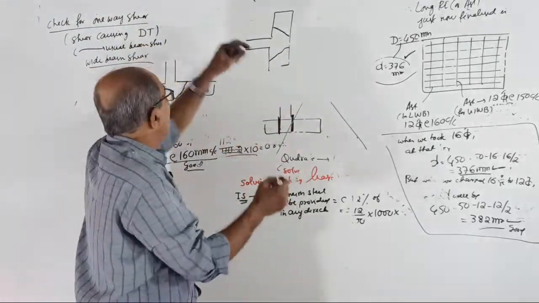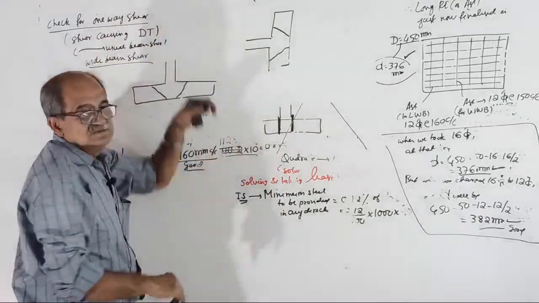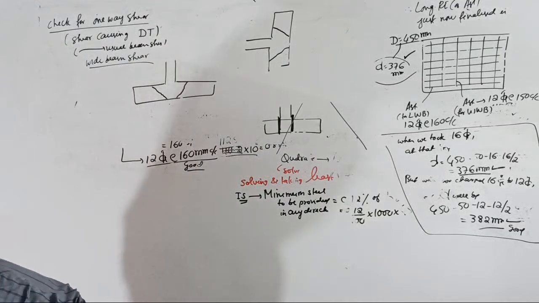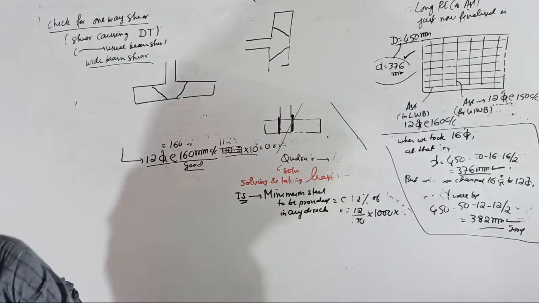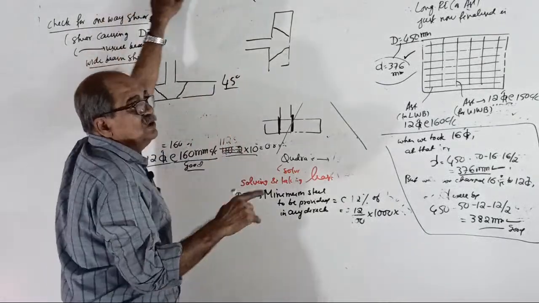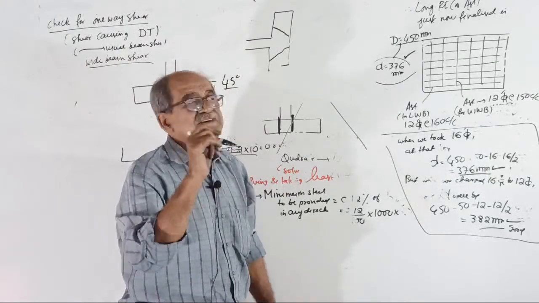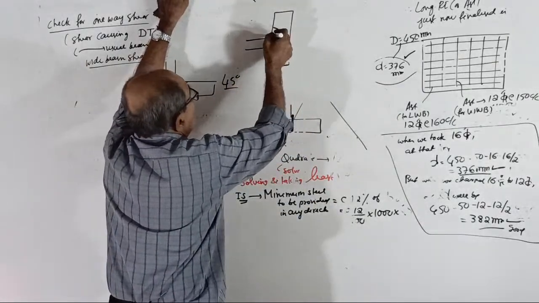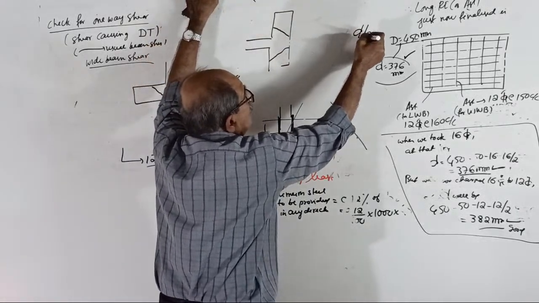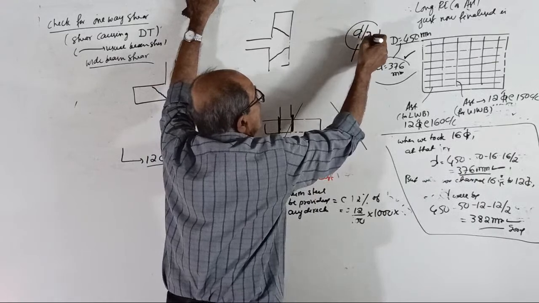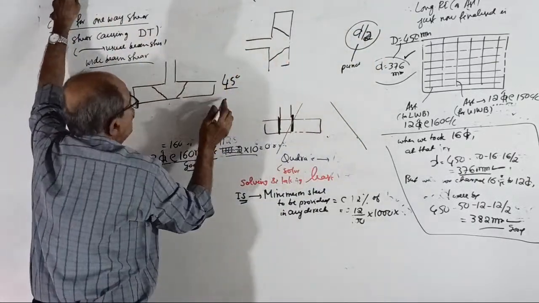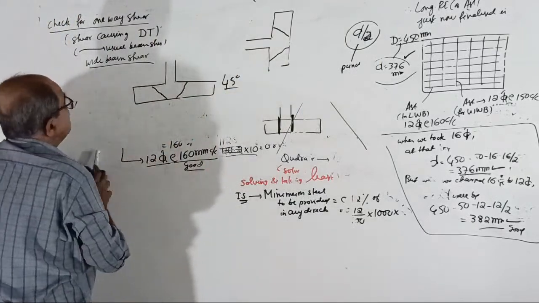The diagonal tension shear crack angle is 45 degrees. One thing forgotten, you write there: for punching shear, you do not take 45 degrees closer; your critical section is at d by 2. Earlier, d by 2 when you consider punching. But for wide beam shear, most important, these sketches you write.